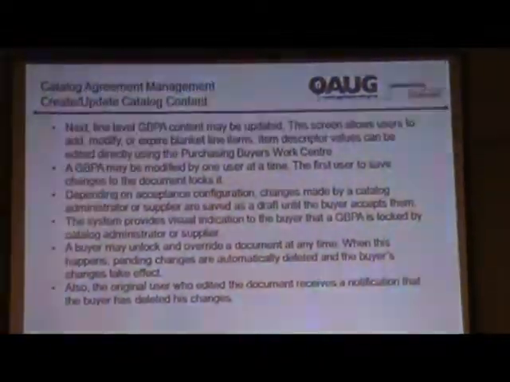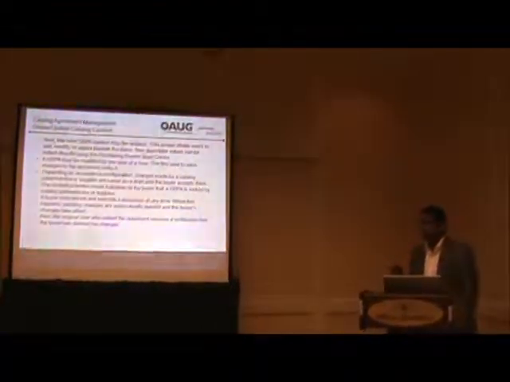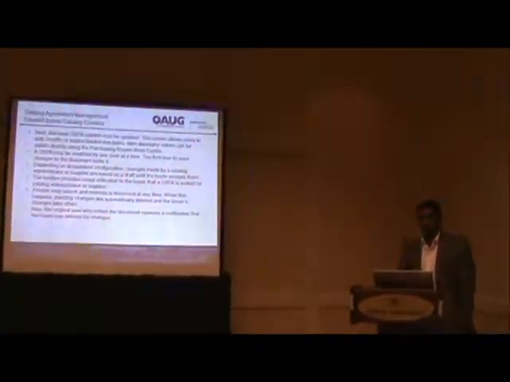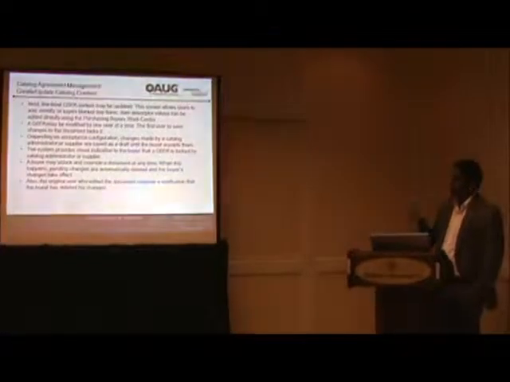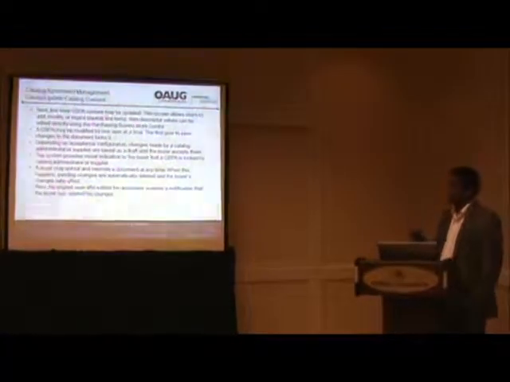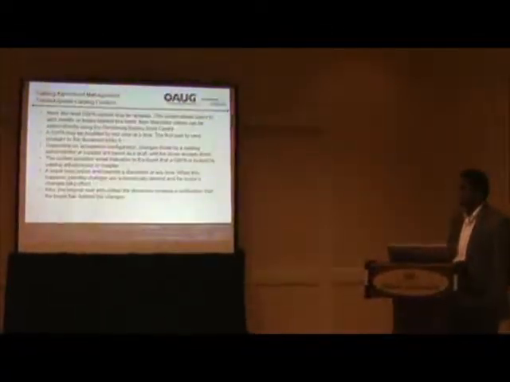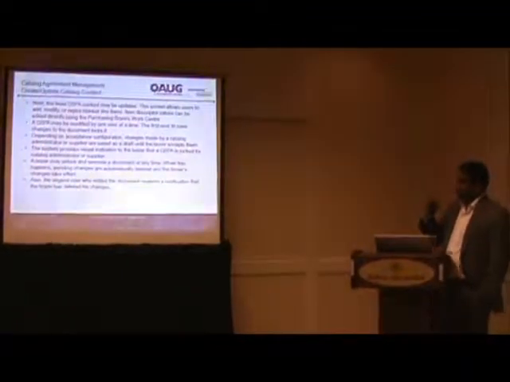One of the great features provided on the line level is that if two users are modifying the same line at the same time, the record will be locked by one person and the updates will happen for one person at a time, and that is a really good feature. Visually, the user can see if someone else is working on that particular record.